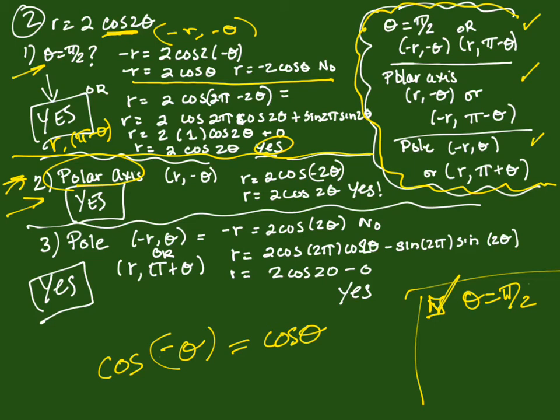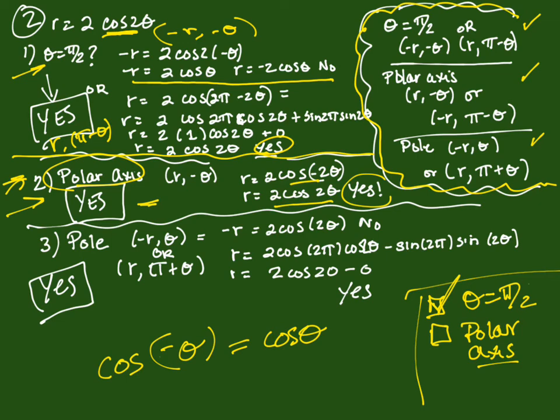Sure enough, if I put negative theta in here, I just get positive theta back. So this one is a yes. It's symmetric to the polar axis. A lot of times cosine gives polar axis symmetry, but it's not always. You can't assume that. And a lot of times sine would be the first one.